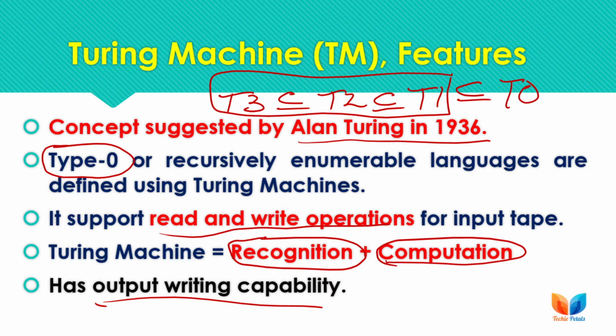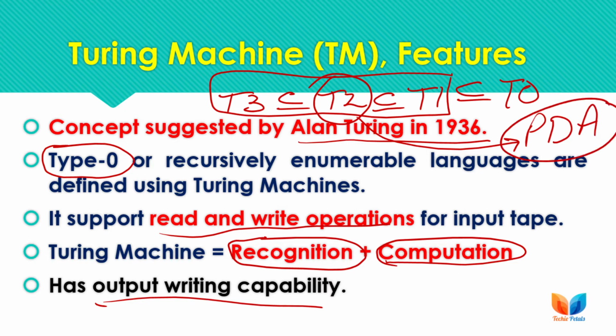Now, in this lecture we are going to construct the Turing machine corresponding to the palindromes that we have already covered under the PDA section. PDAs recognize type 2 languages, and palindrome is a context free language, a type 2 category language.